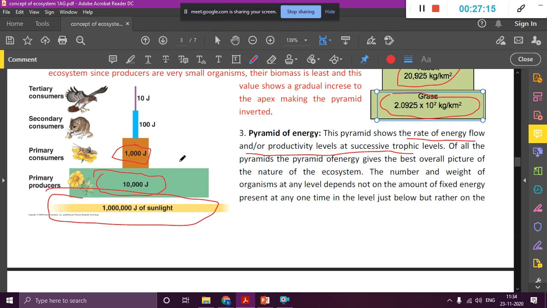So there is a loss; only 10% is transferred. Again, secondary consumers get 100 joules, another 10%. And for the eagle, another 10% is gone, that is 10 joules. Such a triangular pyramid is known as the pyramid of energy. So these are the ecological pyramids.